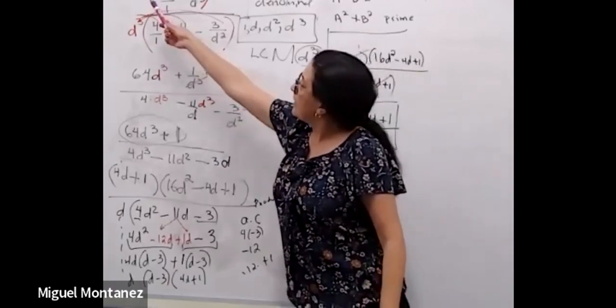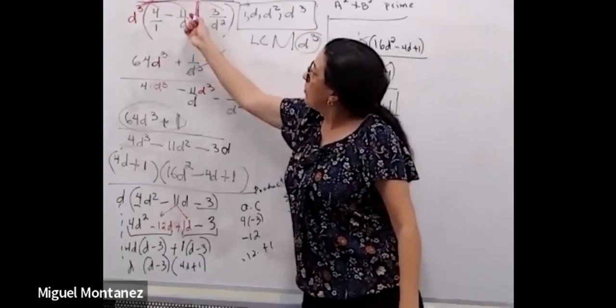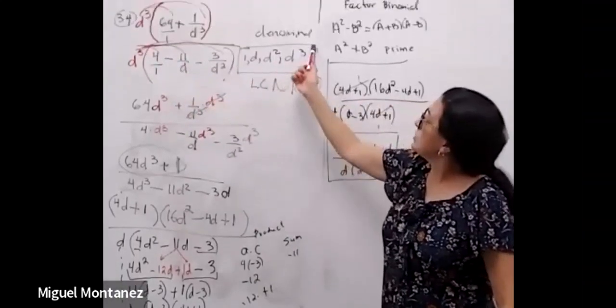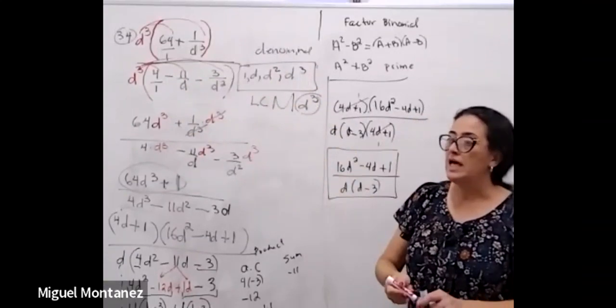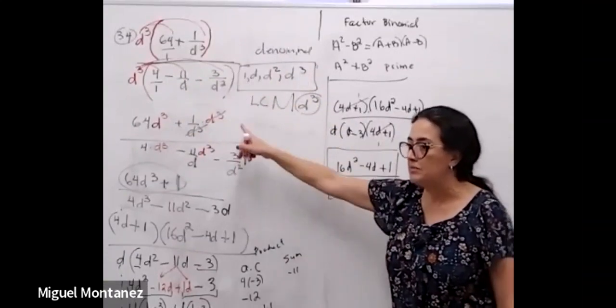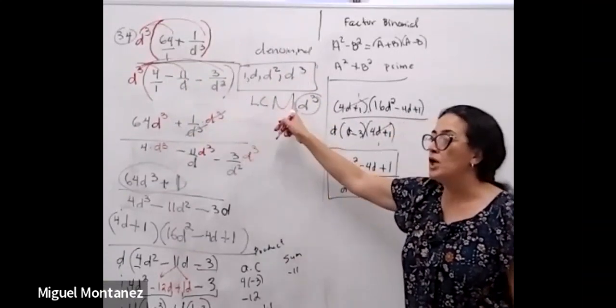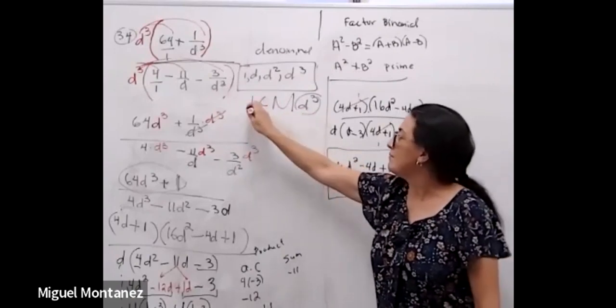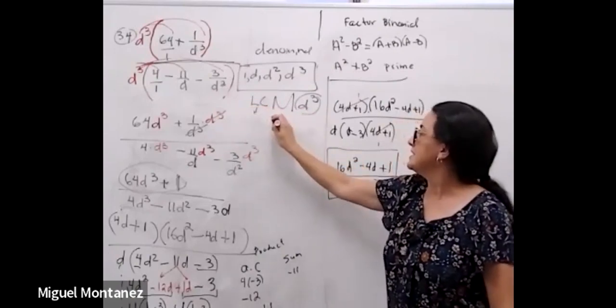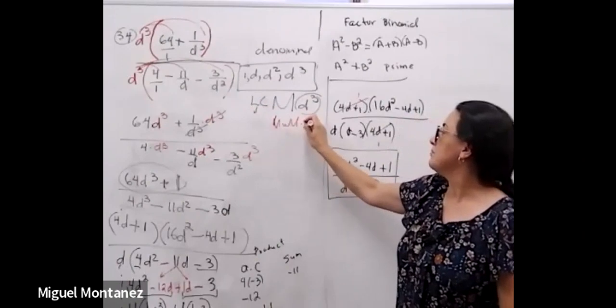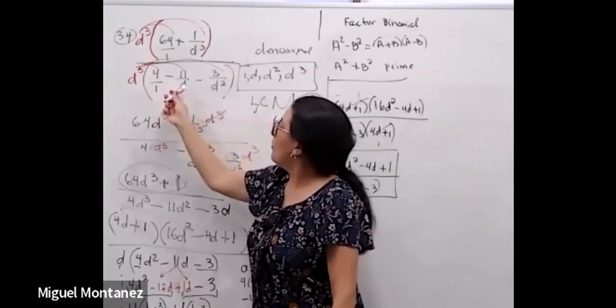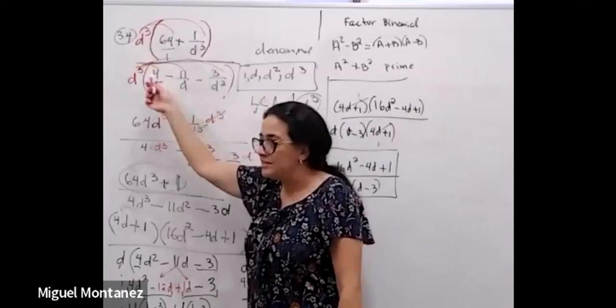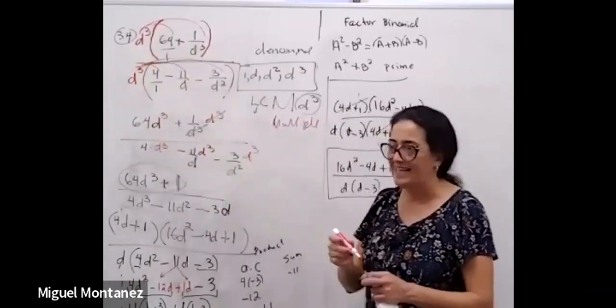Okay? One way is look at all the denominators and you need to try to find the LCM, the least common multiple. All the denominators have to go into it exactly.